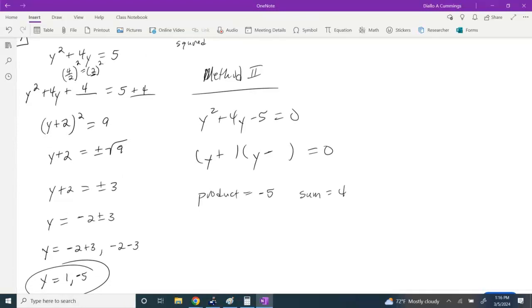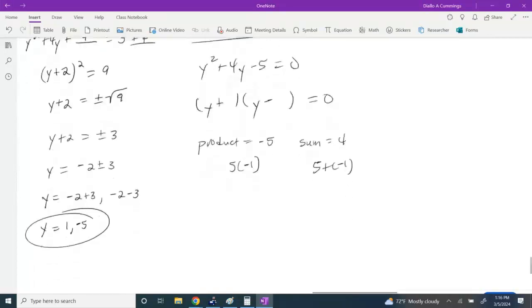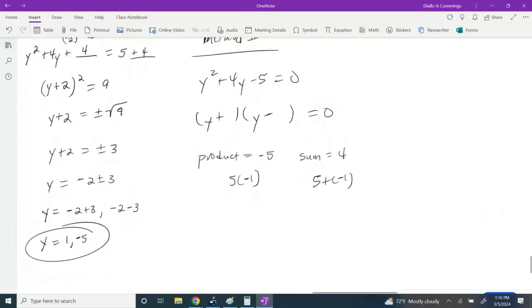One has to be positive, one has to be negative, so I can use 5 and -1, right? Because 5 times -1 is -5, and 5 plus -1 is 4. So I can write out my factors as y plus 5 times y minus 1 equal to 0.